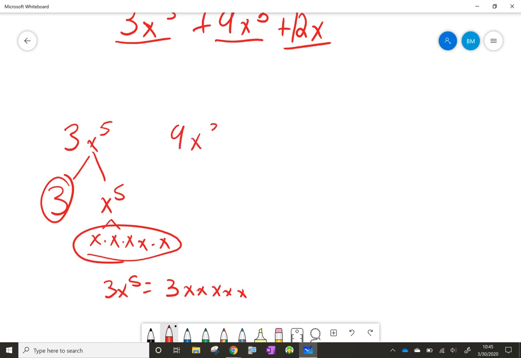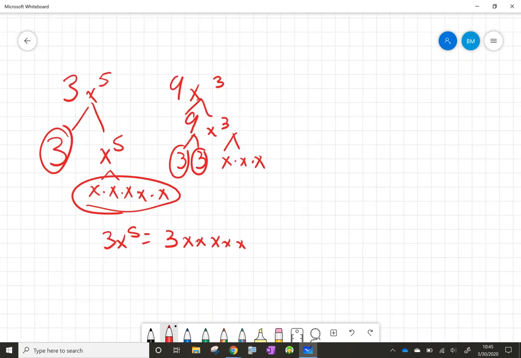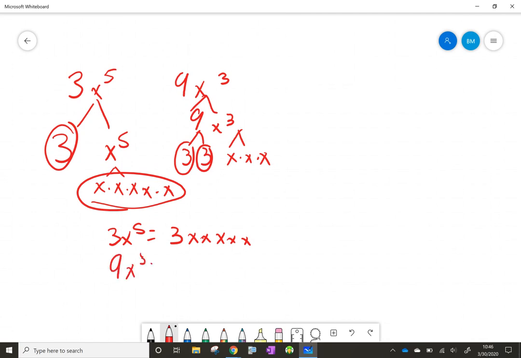9x to the 3rd is, of course, 9 and then x to the 3rd. Now 9 breaks into 3 times 3. x to the third is just x 3 times. So 9x to the third will be 3 times 3 times x times x times x.